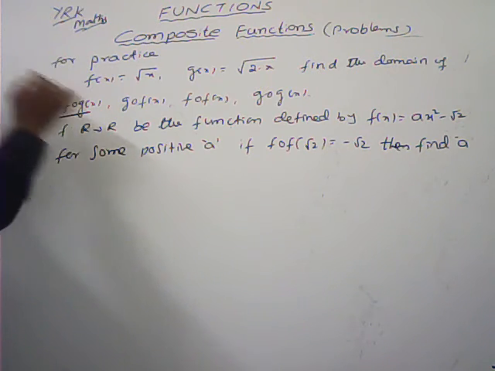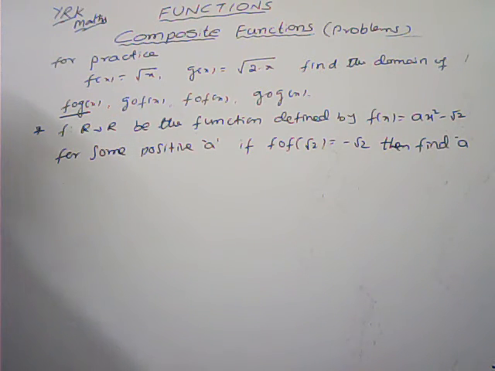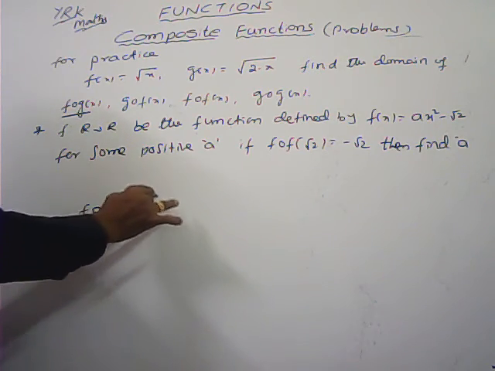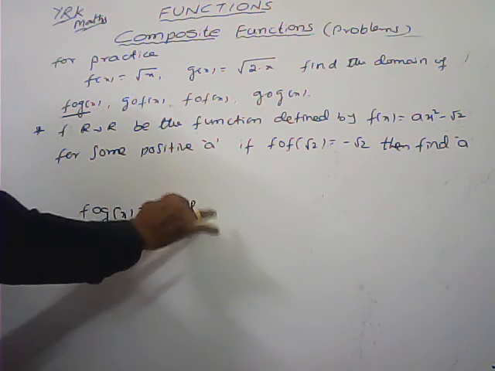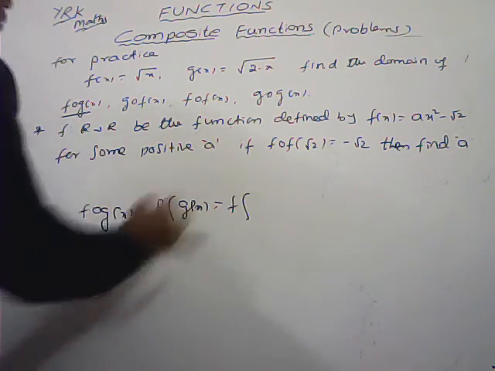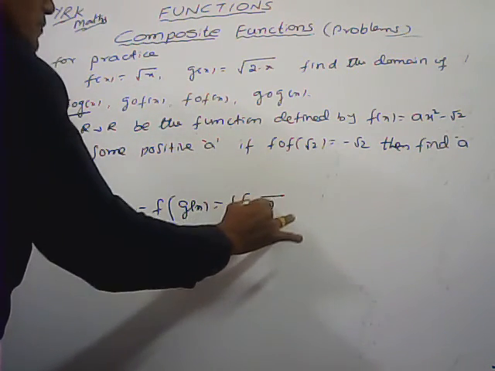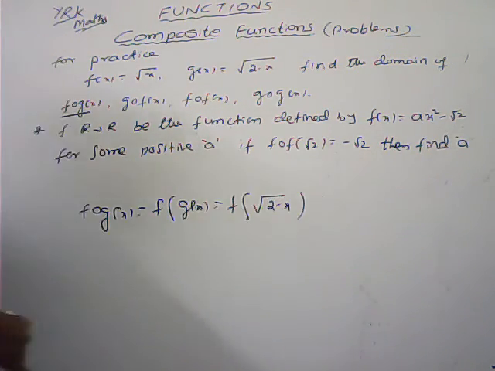Here I am finding the composite function f circle g of x, at the same time finding the domain of f circle g of x also. F circle g of x, that is equal to f of g of x, that is equal to f of, what about g of x here? Square root of 2 minus x.